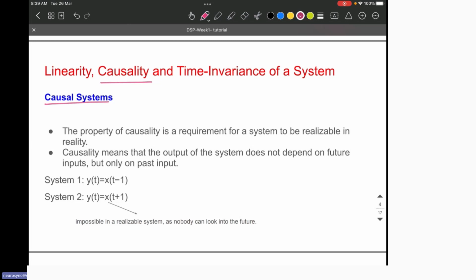Therefore, we need to check whether the system is realizable in reality or not. So to check for that, we need to check the causality of the system. So causality means the output of the system does not depend on the future input. It may depend on the present and the past input.